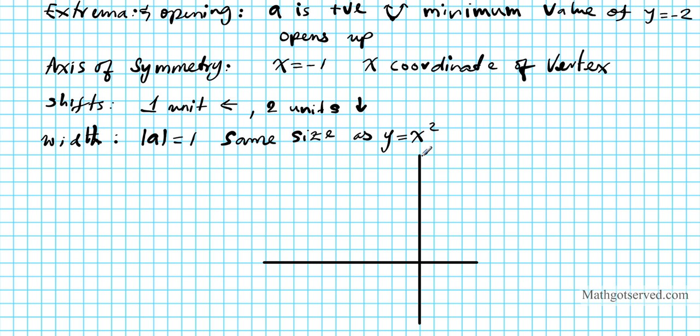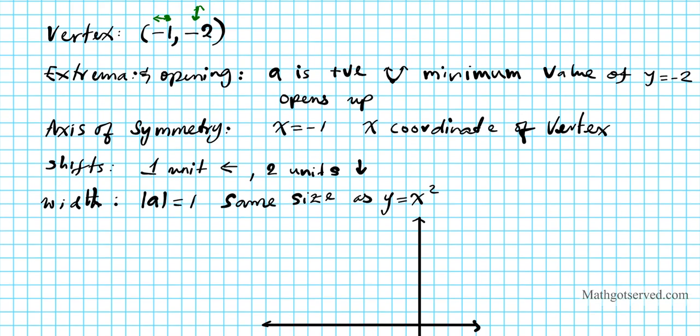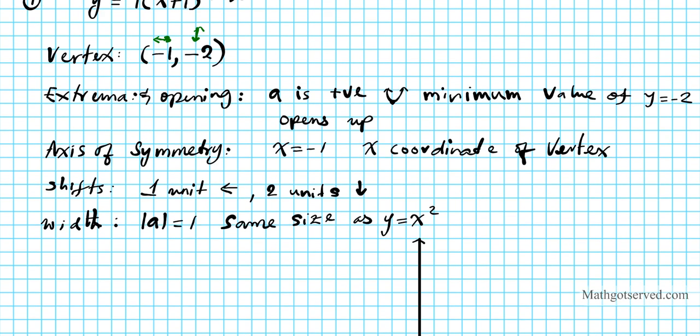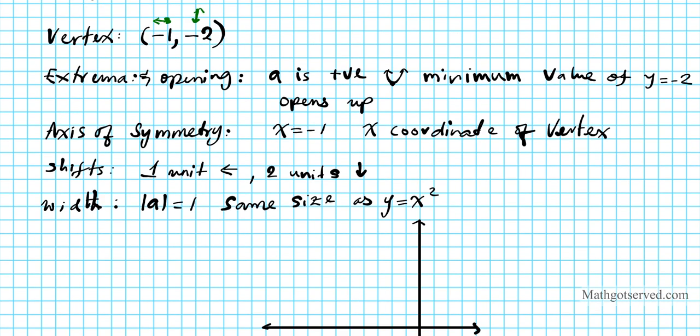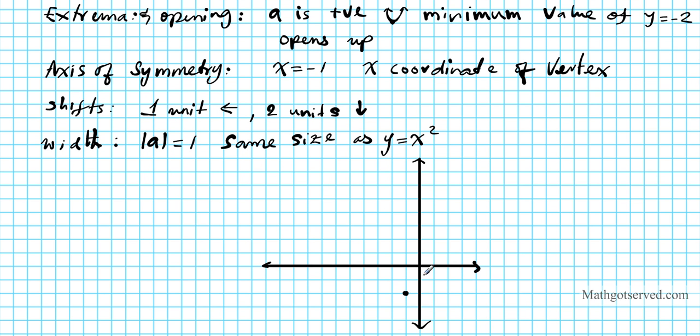We're going to go 1 unit to the left and then 2 units down, and that's going to be the vertex. Since this parabola opens up, we can just sketch it. Remember, it's just a sketch. Draw it as best as you can, so it opens up like this.